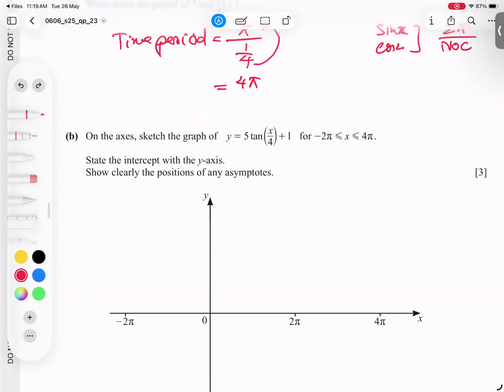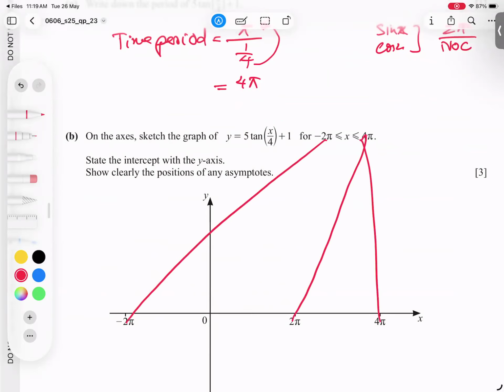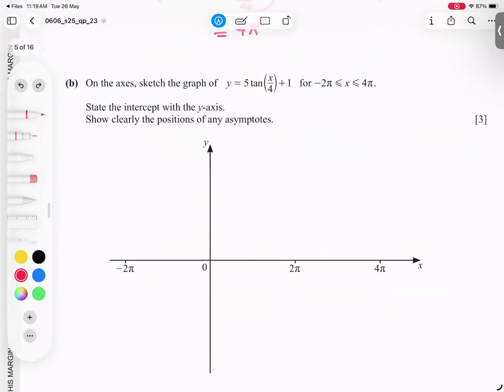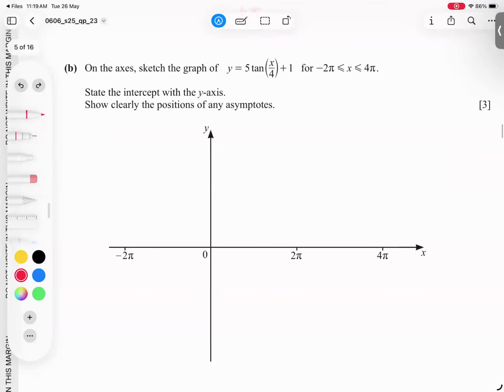Next part. He's saying sketch this one from -2 to +4. State the intercept with the y-axis. We have to do this specially, and the asymptotes as well. One by one, we can plug in some values as he mentioned.